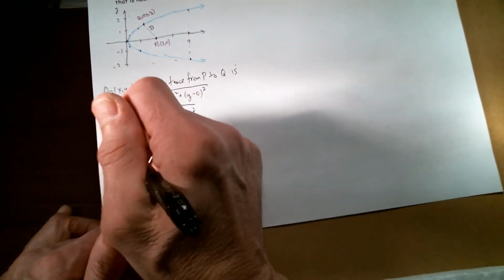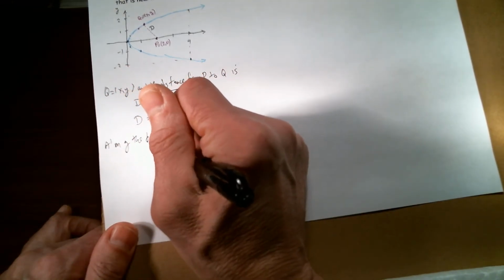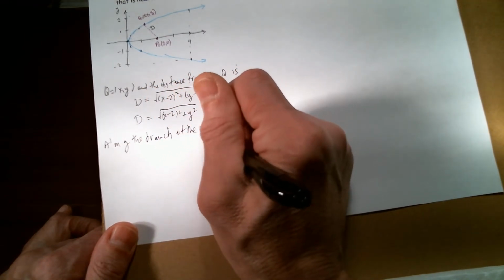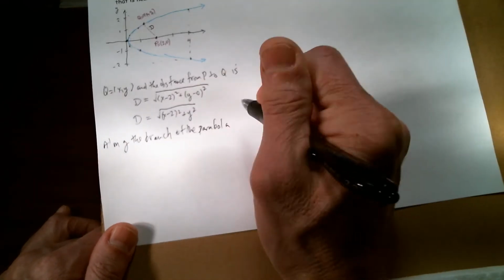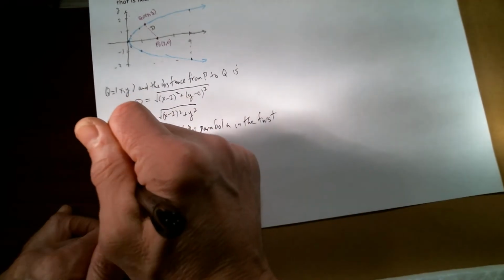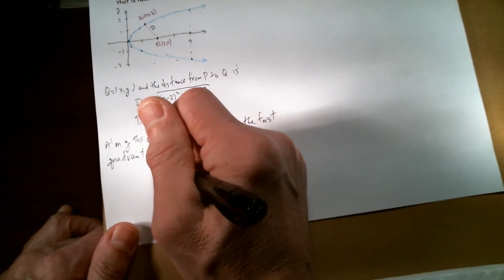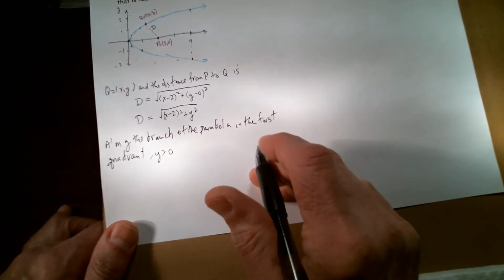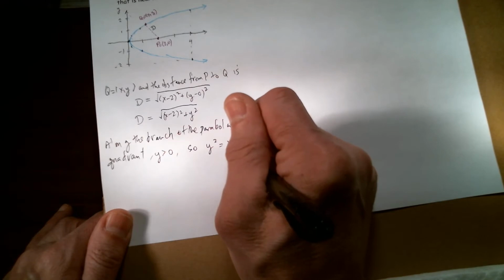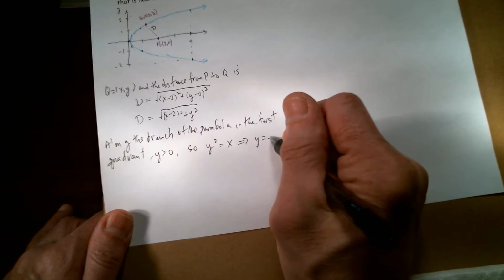So we know that along the branch of the parabola in the first quadrant, y must be positive. And so y squared equals x requires that y is the positive square root of x.